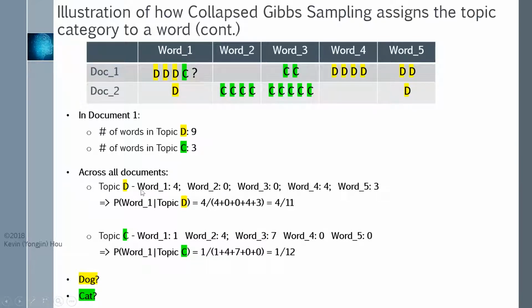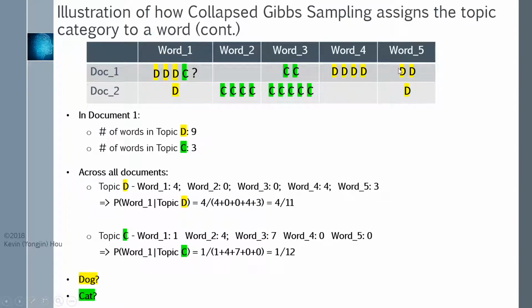If something is under topic D, the first word, word 1, has been used 4 times: 1, 2, 3, 4, and the second word has been used 0 times, because we do not see anything here, blank means 0. Similarly, word 4 has been used 4 times, and for word 3, none of them is associated with topic D, so it's 0.